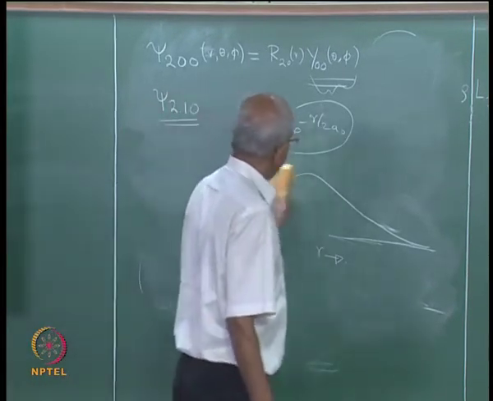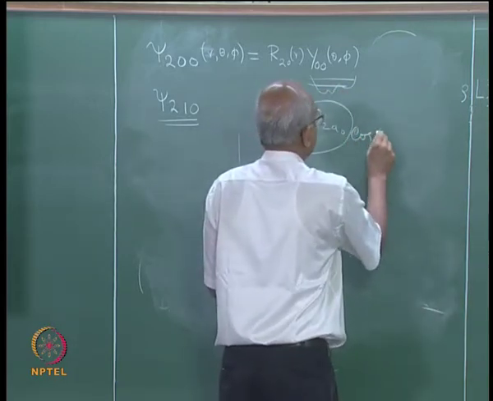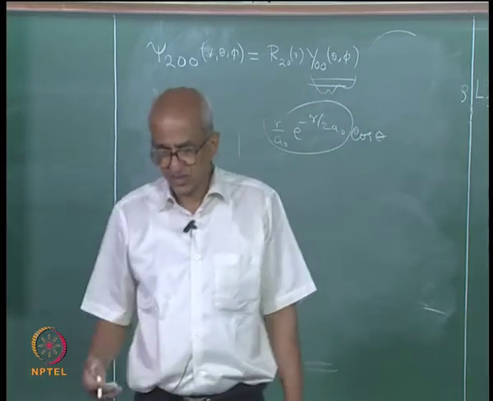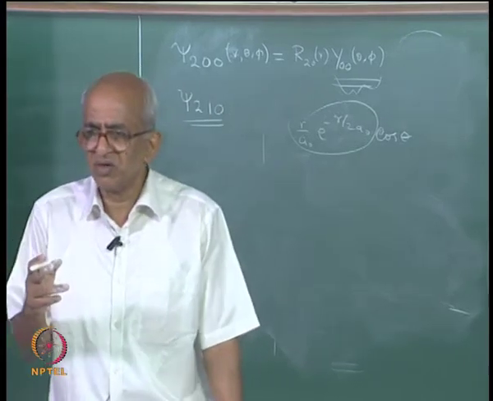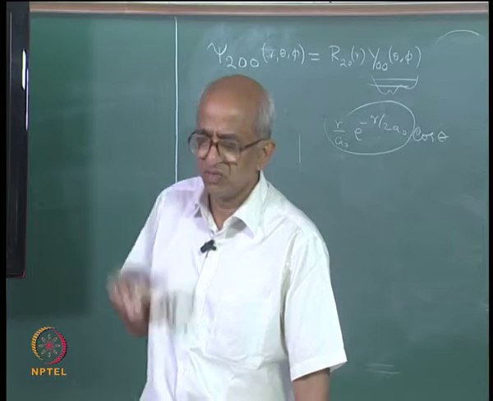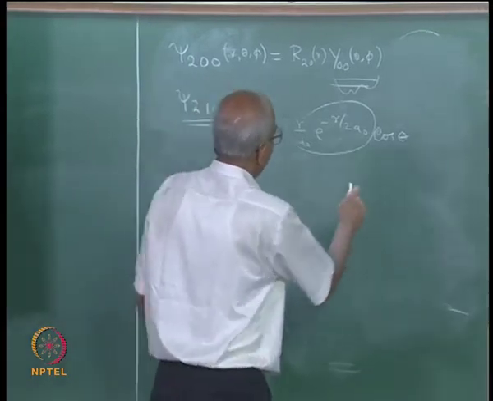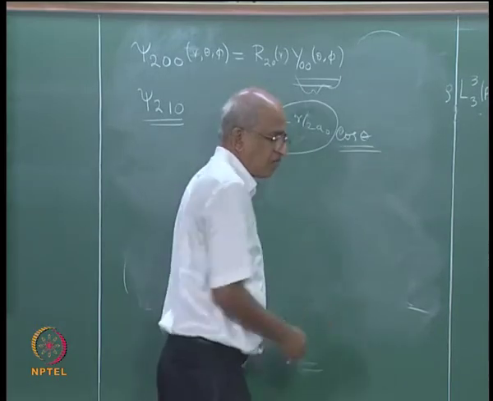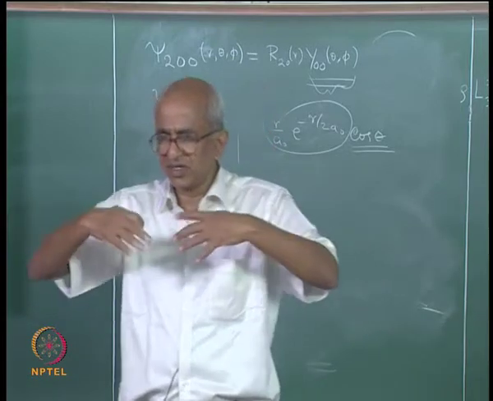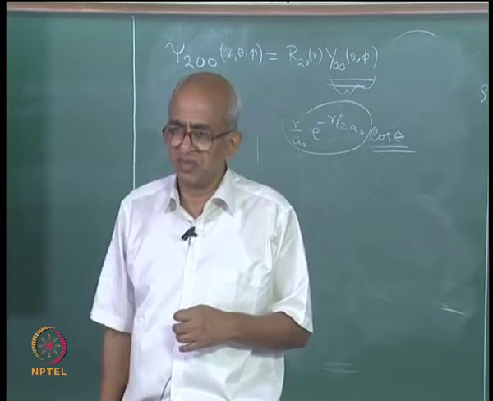Now, we want to look at the angle dependence. Angle dependence is interesting. It contains this factor of cosine of theta. In this case, it is a little bit simple because there is only theta, there is no phi. So, how will I make a physical picture? How can I understand how this function varies in different directions in space?